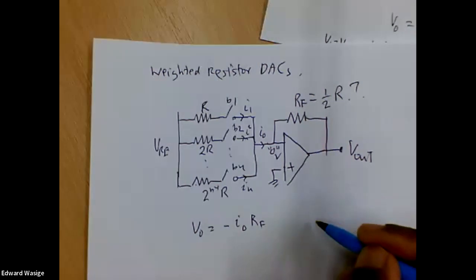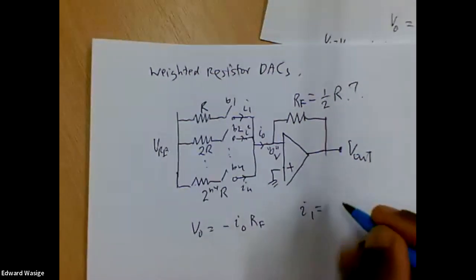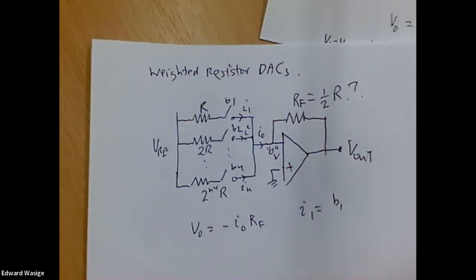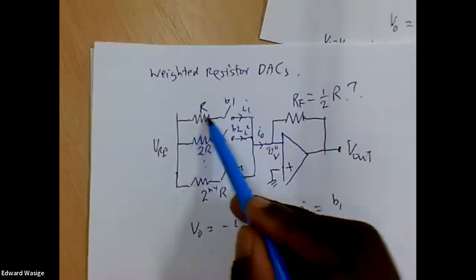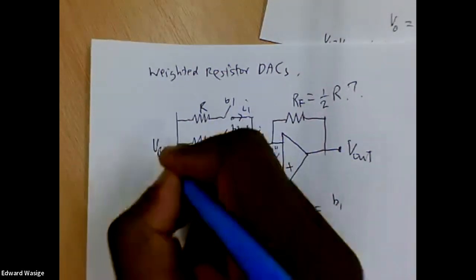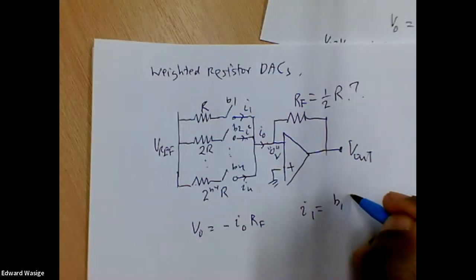Of course, here I1 is equal to B1 times VREF divided by R. If B1 is 1, then the switch is closed, so the current I1 contributes to the output current.